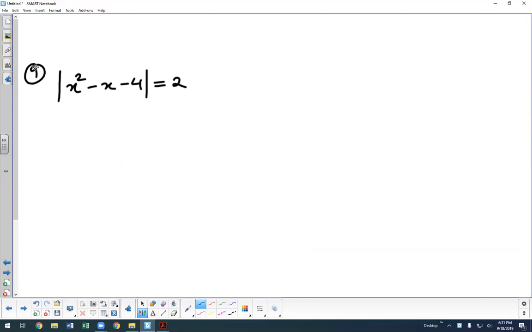So when I set this up, you will have x squared minus x minus 4 equal to 2, or this is the negative side, x squared minus x minus 4 equals -2. So you always set it up into 2 parts because my distance can be 2 from the positive side, my distance can be 2 from the negative side. Okay.